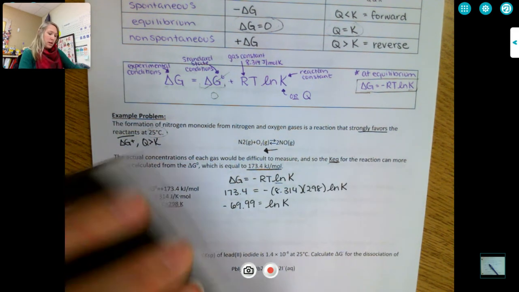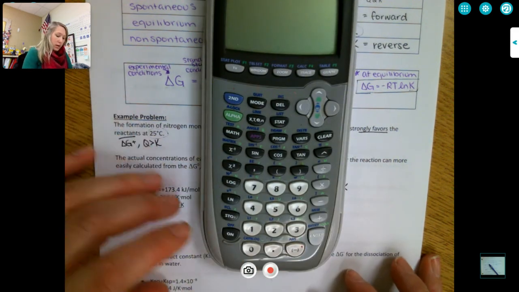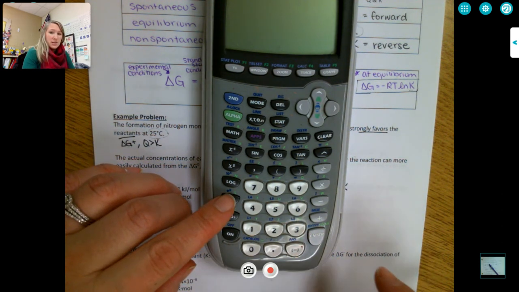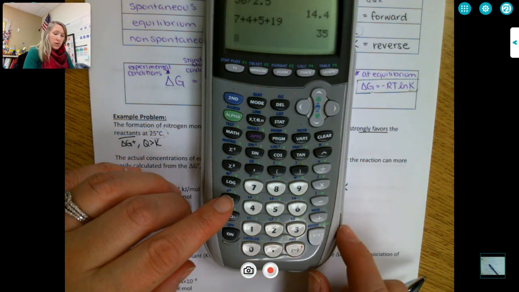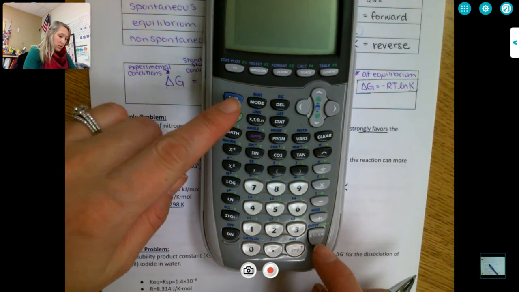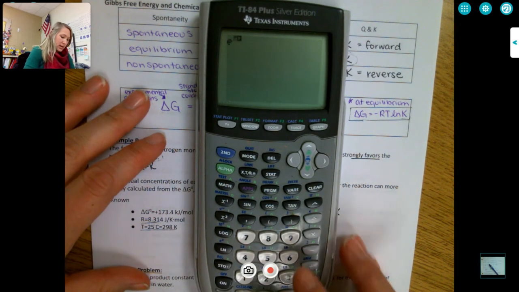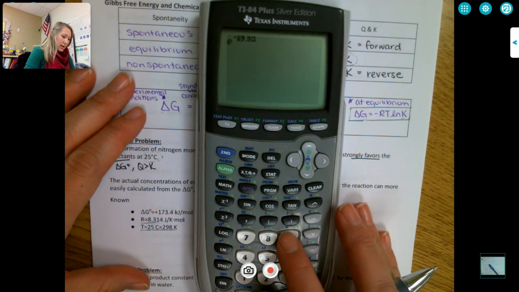Now to reverse our natural log, we take a look at our calculators. We have our natural log button here, and the opposite of that is e to the x. So that's what we'll use to get rid of our natural log. We do second ln to get e to the x, and then type in negative 69.99.